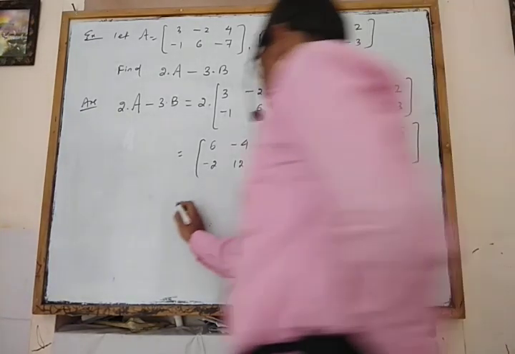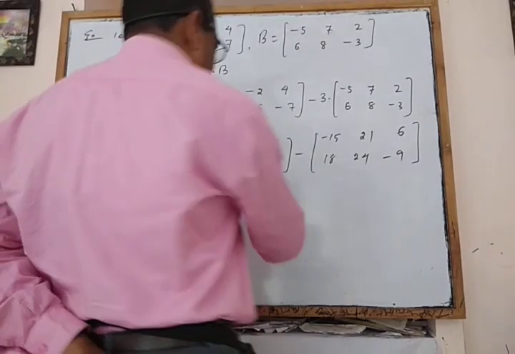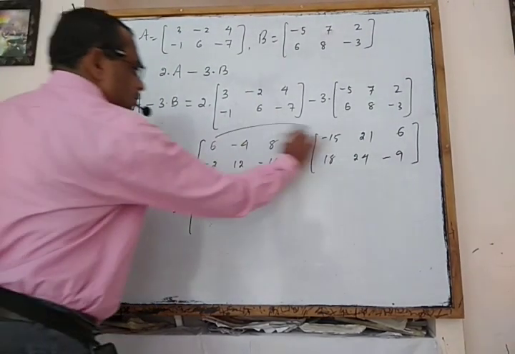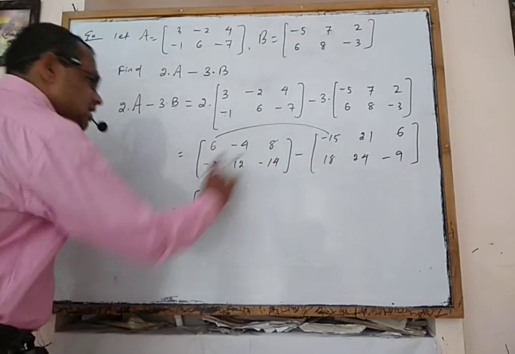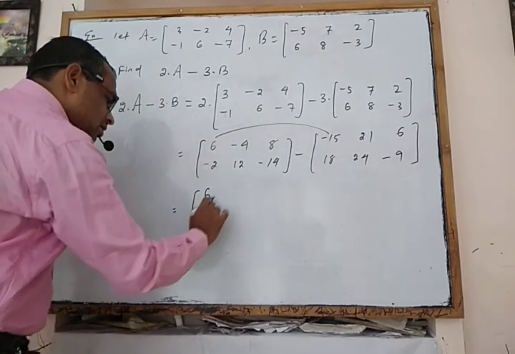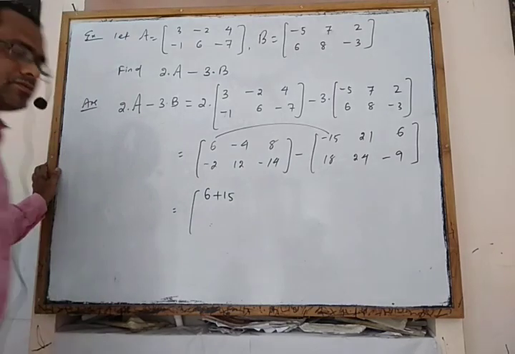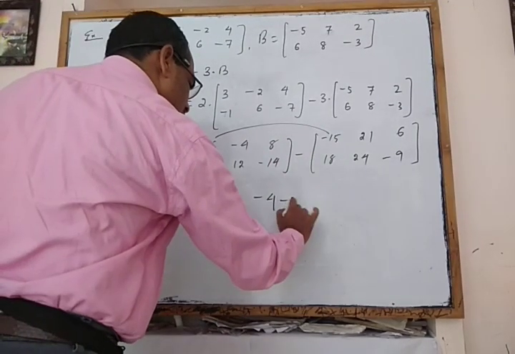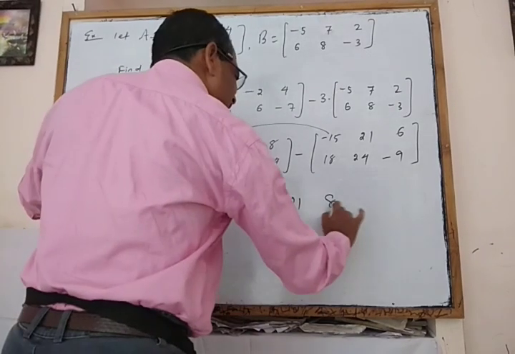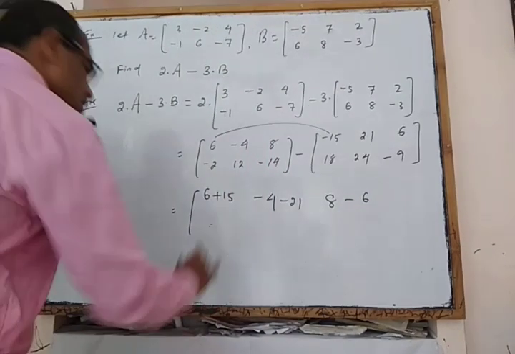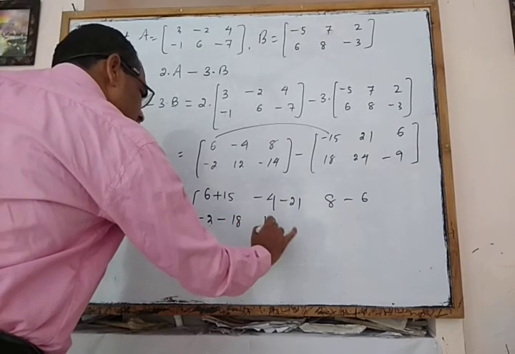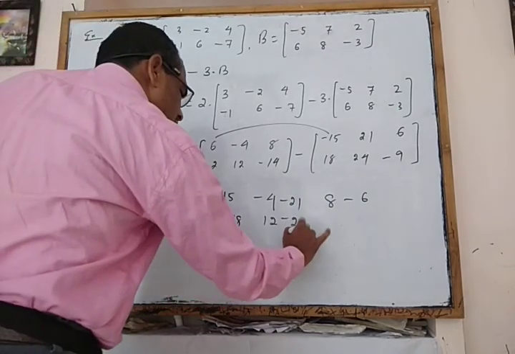So we subtract the second matrix from the first matrix. We do the subtraction of corresponding elements. 6 minus of minus 15, so this is equal to plus 15, that is 21. Here minus 4 minus 21 is minus 25. Here 8 minus 6 is 2. Here minus 2 minus 18 is minus 20. 12 minus 24 is minus 12.